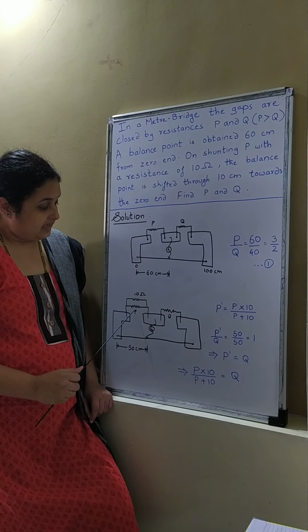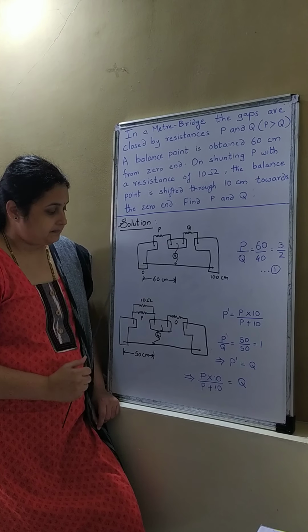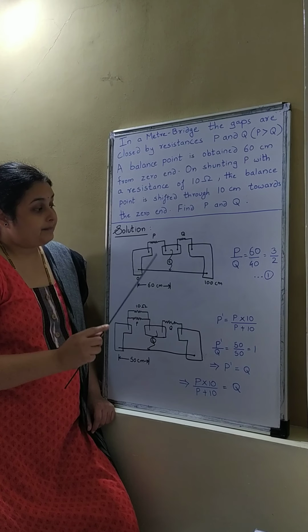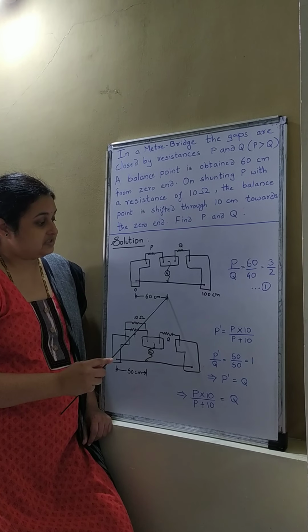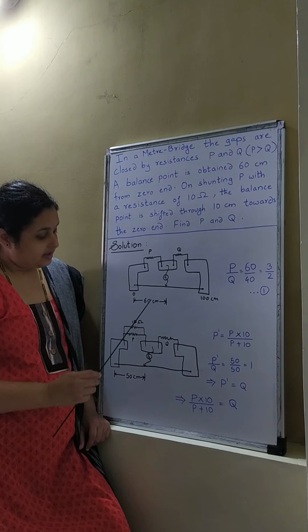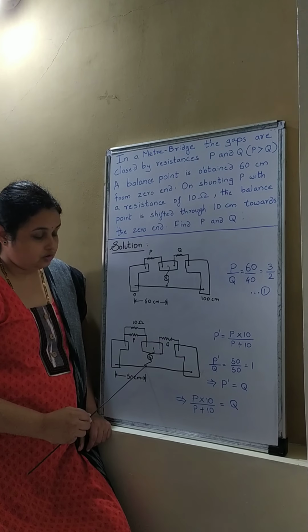P and 10 ohm are connected in parallel. And what has happened when we have shunted P? The balance point has shifted from 60 by 10 centimeter towards the zero end. That means it has come to 50.